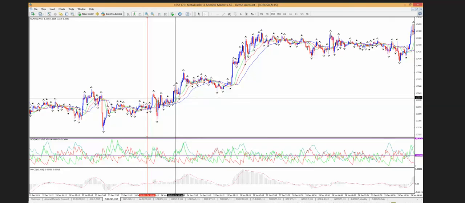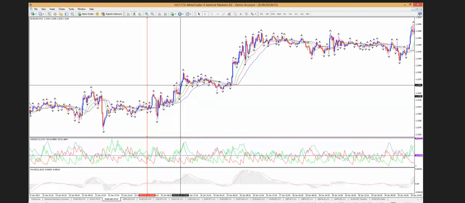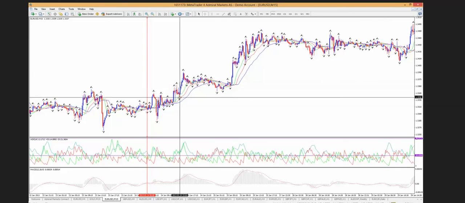And the initial first move goes all the way up to 63. So you can see that's something like 27 pips.